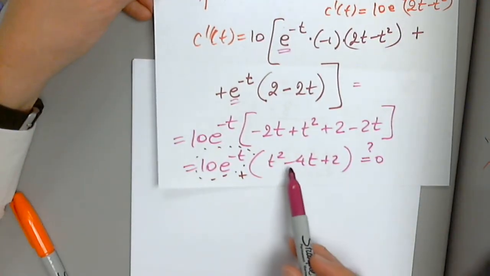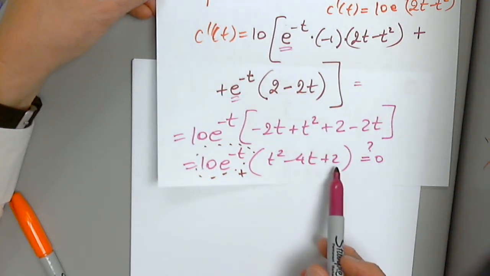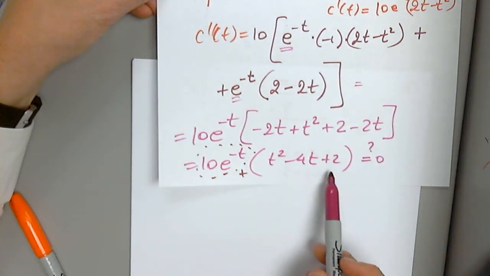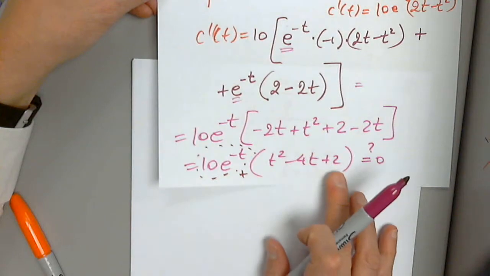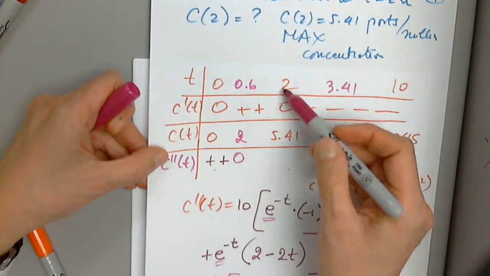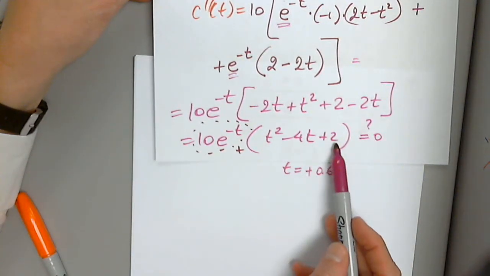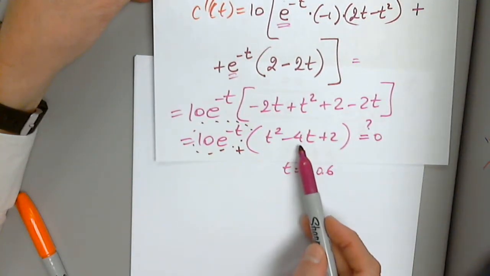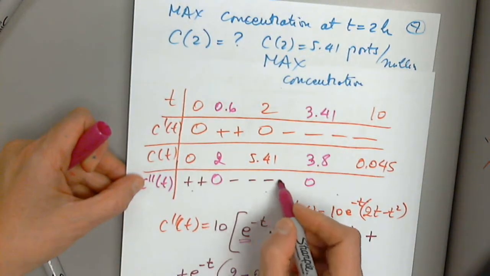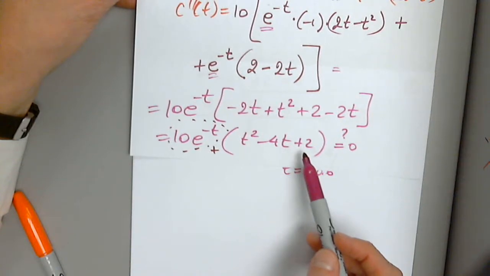When I plug in 0, what sign do I get? Positive. Let's plug in 2. 4 plus 2 is 6, minus 8. Negative. And let's plug in 10. 100 minus 40 plus 2, positive.